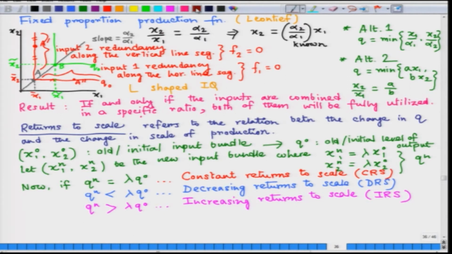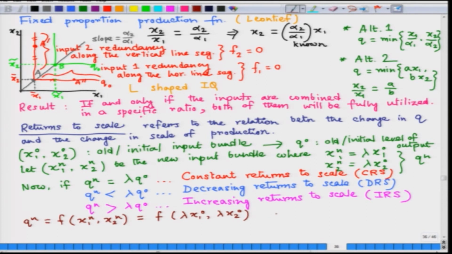So, note that Q new can be actually written like this, which can be rewritten as, right.